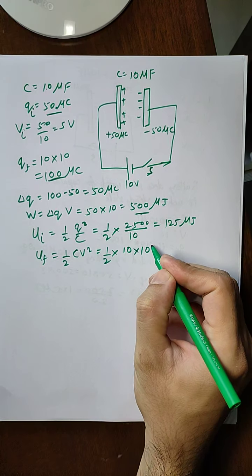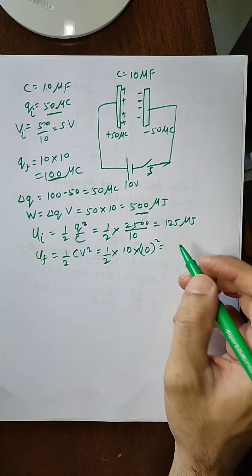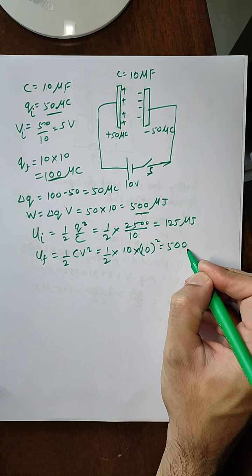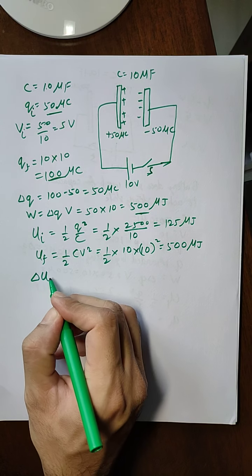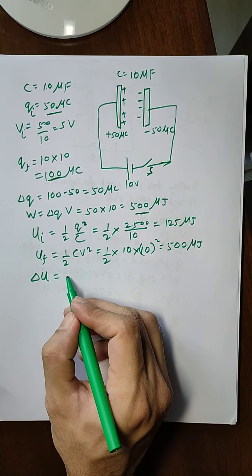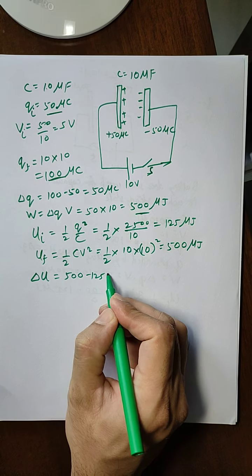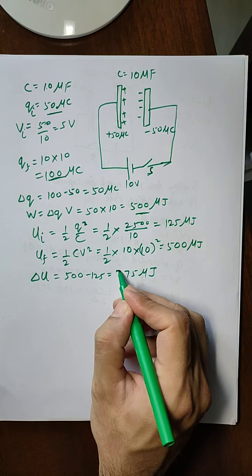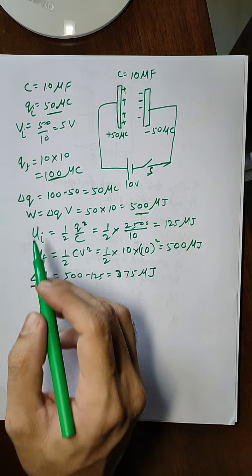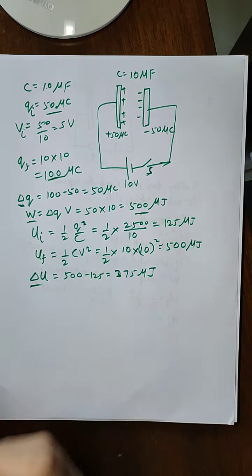So this will be 10 square. So this will come out to be 500 microjoules. So that means the change in energy will be equal to 500 minus 125, which will be equal to 375 microjoules. So this is the change in energy, this is the work done, and this is the charge provided by the battery.